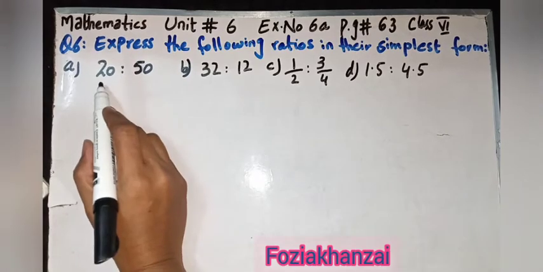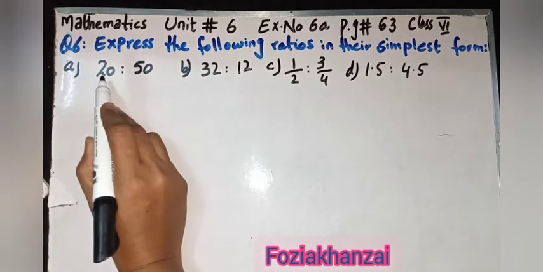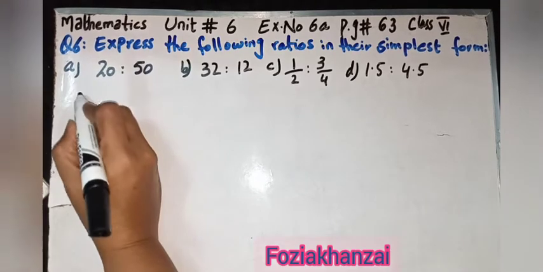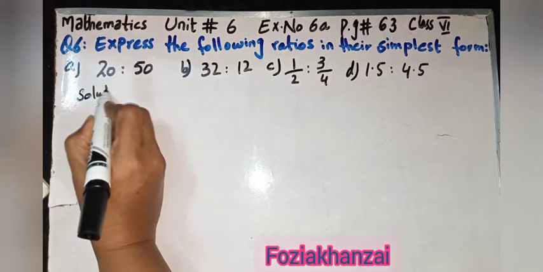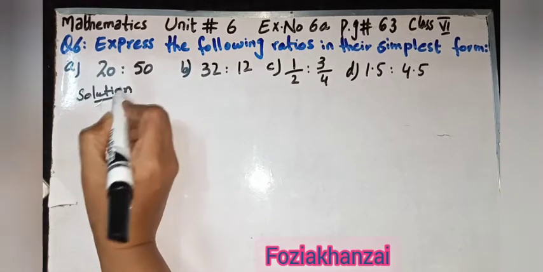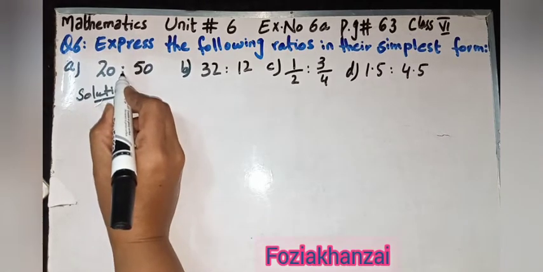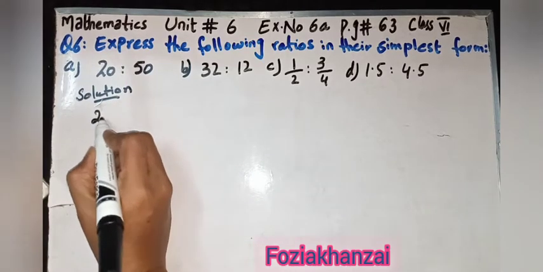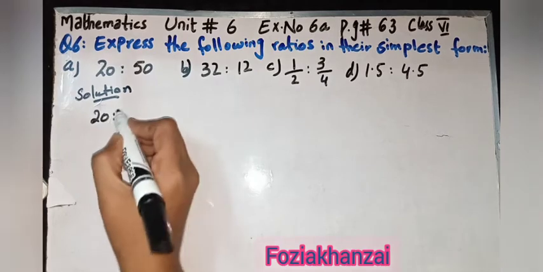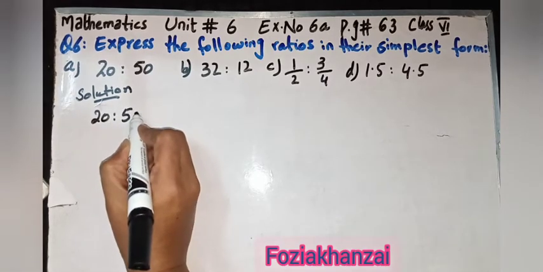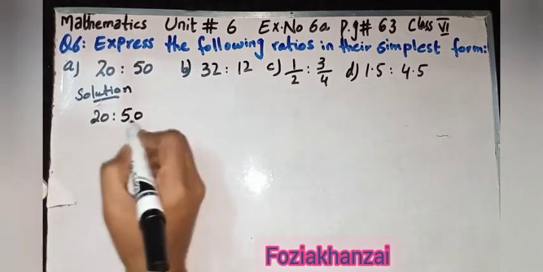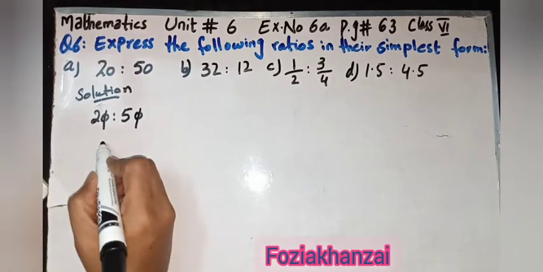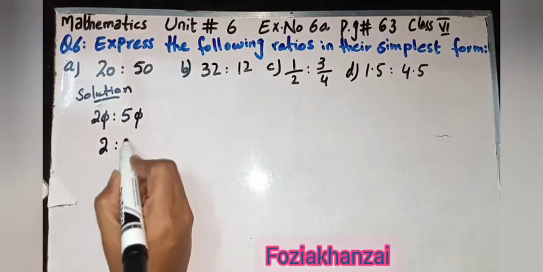6. 20 is to 50, or 20 ratio 50, is given in the first part. So first we solve it. Two dots means it's a symbol of ratio. Four dots means it's a symbol of proportion. So first, after the heading of solution, copy the question. 20 ratio 50, simple, cut 0 with 0. Clear? Now 2 is to 5 is left.